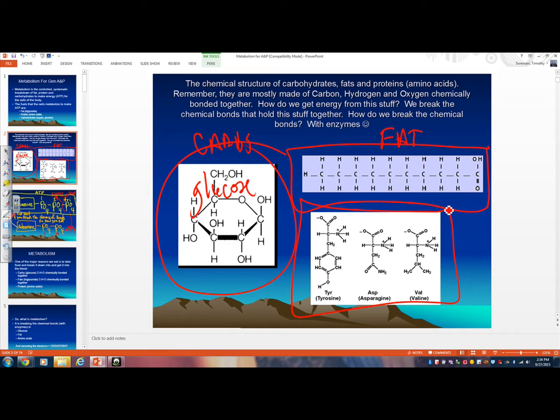Now again, look, we need amino acids, these guys right here, to chemically bond them together to make proteins. So it wouldn't make sense, usually, to use amino acids to break the chemical bonds that held these guys together and try to make ATP from them. So rarely are amino acids used to make ATP.